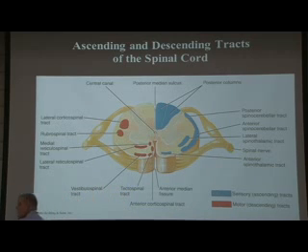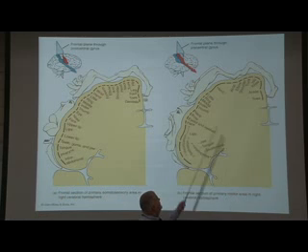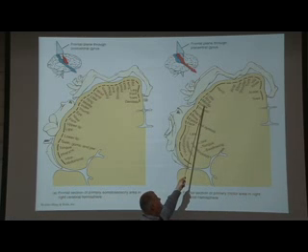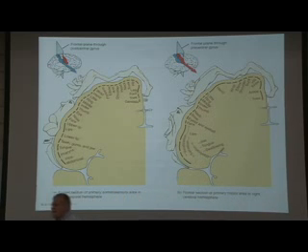So there's a cool pattern to it. And again, we've actually mapped the primary motor cortex as well. So we know, for example, that the muscles that would allow us to move our index finger are right here. We know exactly where those are through some experimentation.